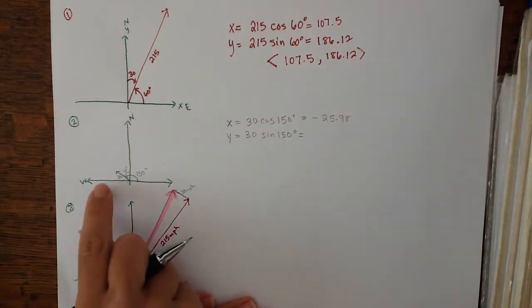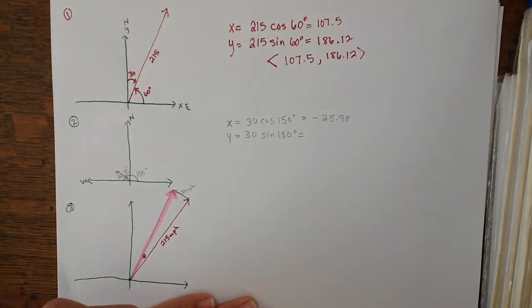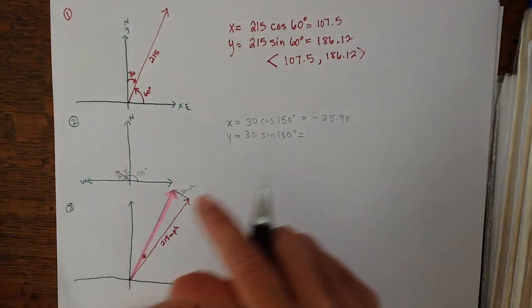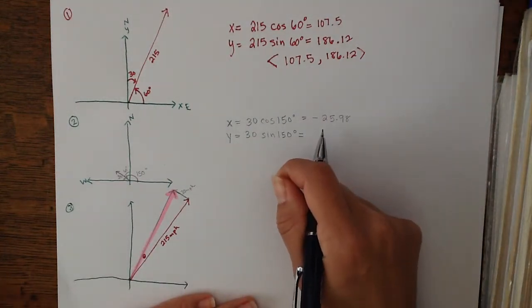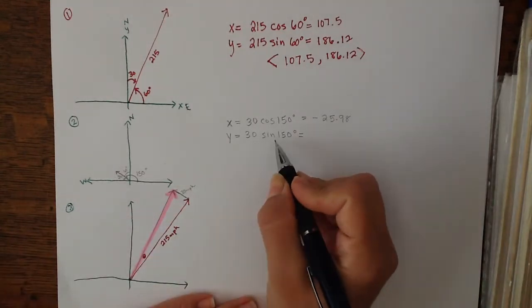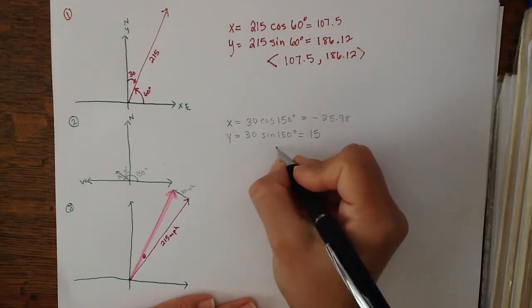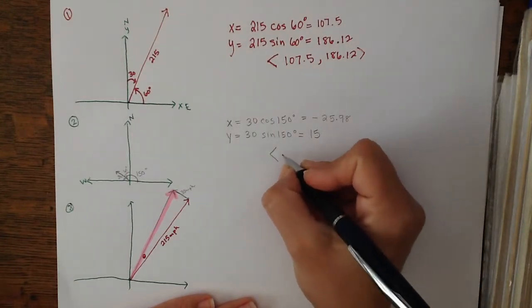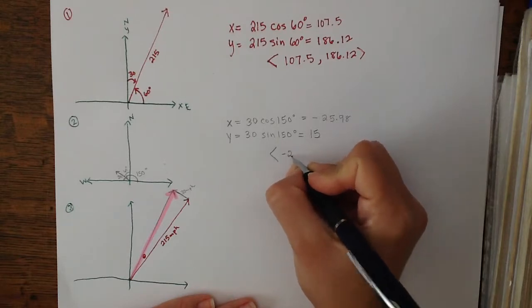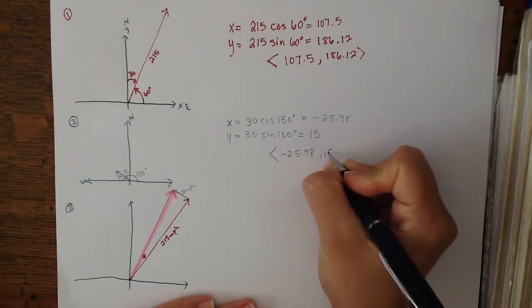If you used the reference angle of 30 degrees, it would not tell you that this is a negative horizontal component. And 30 times the sine of 150 is going to be 15. So our components for this vector are negative 25.98 and 15.